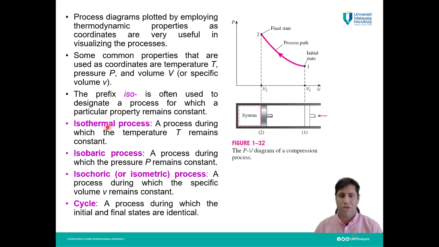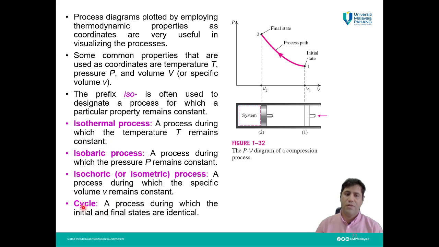So these are three different types of process in thermodynamics: isothermal, isobaric, and isochoric, in which one of the properties of the system is constant.